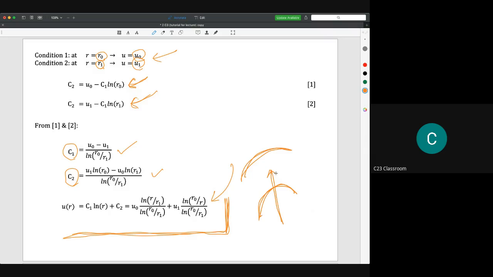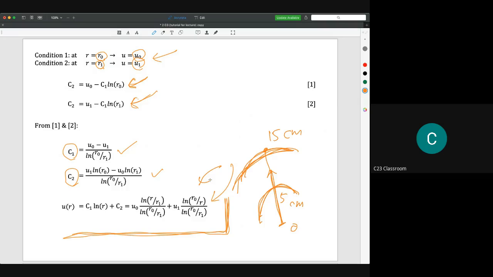Imagine this r is 0, 1, and this might be 5 centimeters, and the area here might be 15 centimeters, and you substitute the values. Once you substitute, you could plot the graph, and from the graph you could see the trend of the velocity increment or decrement. That is the meaning of this question.